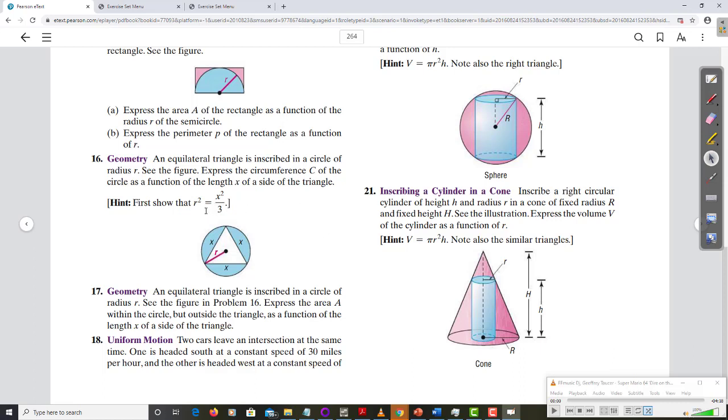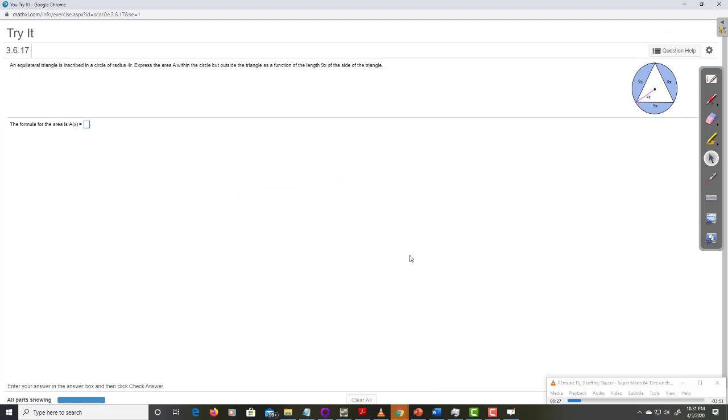Alright, but that's very important because it means the radius of the circle squared equals the side length of the triangle squared divided by 3. So let's do the problem from the exercise set. Alright, notice in the diagram here they have 9x and they have 4r. That is just screwing with our brains because this is the radius. 4r is the radius.